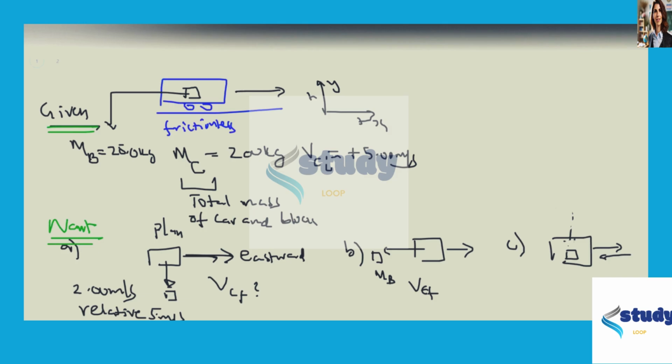Maybe we need to change this. MC is the mass of the car plus the block. So we want to do it that way, the mass of the car and the block. That's going to make our life easier.